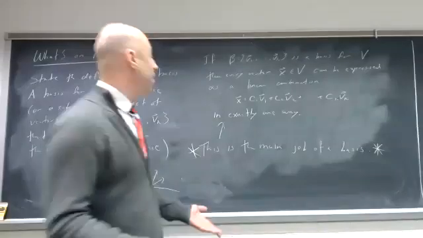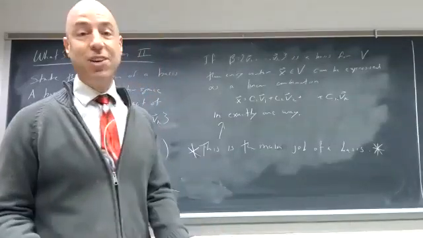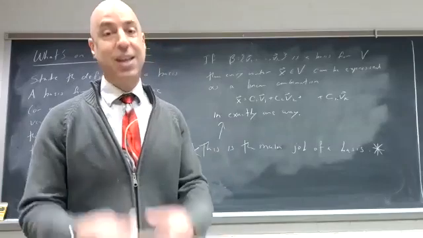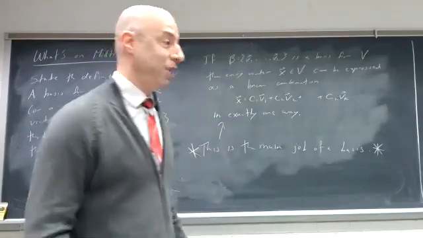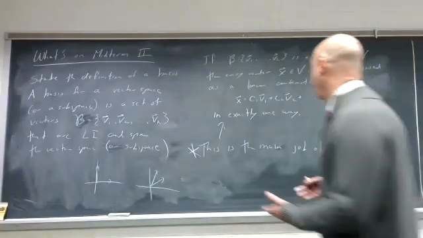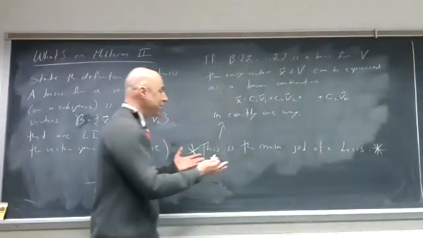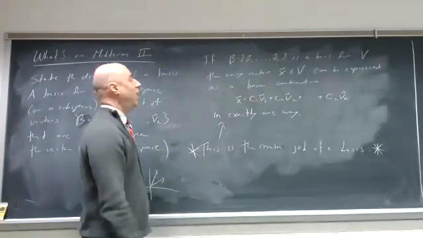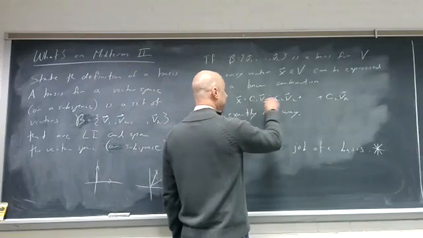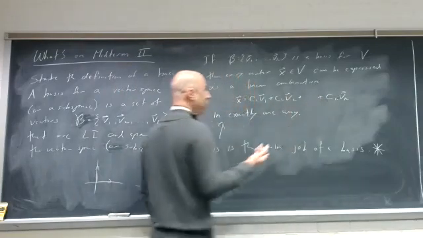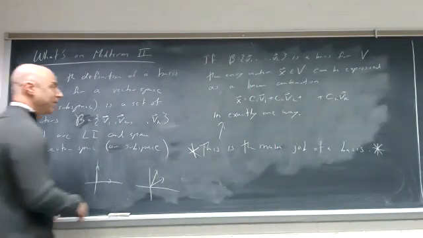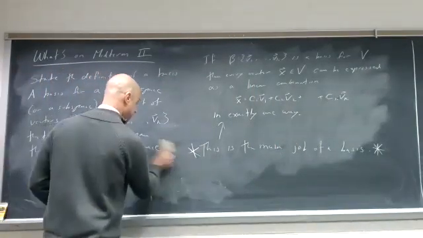If they're not spanning, there certainly are vectors that I can't express as a linear combination of those vectors at all. So this is the main job of a basis. A basis puts a map on the vector space. It takes every vector and turns it into these c's, which are like coordinates in that basis. That's the main job of a basis.